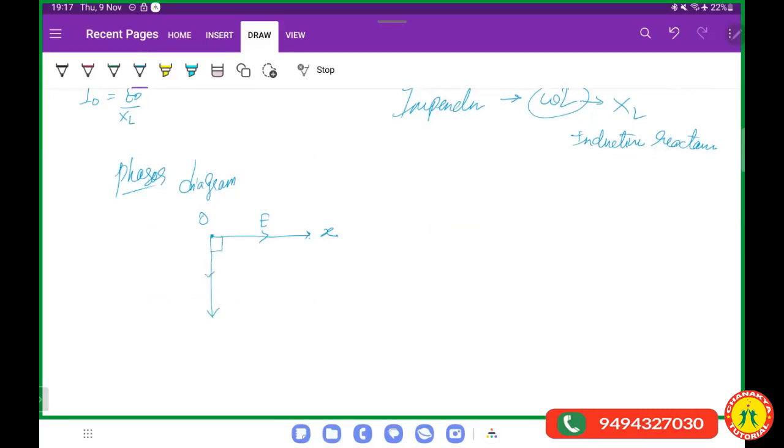This is current. So if I draw the graph for it, it lags behind.